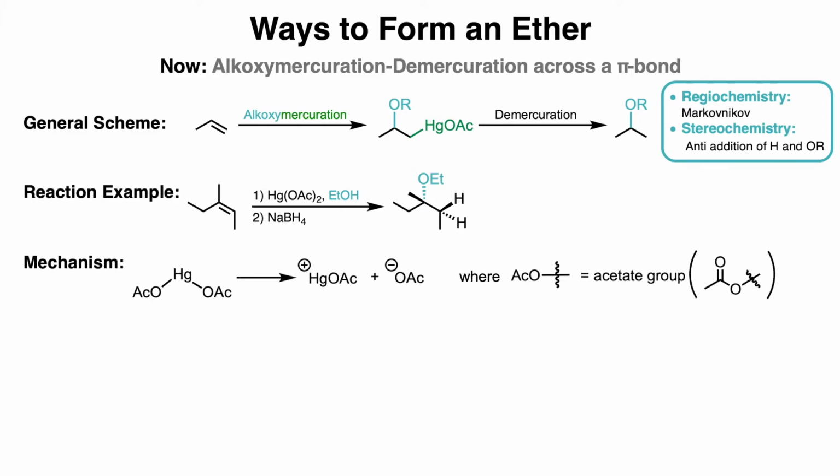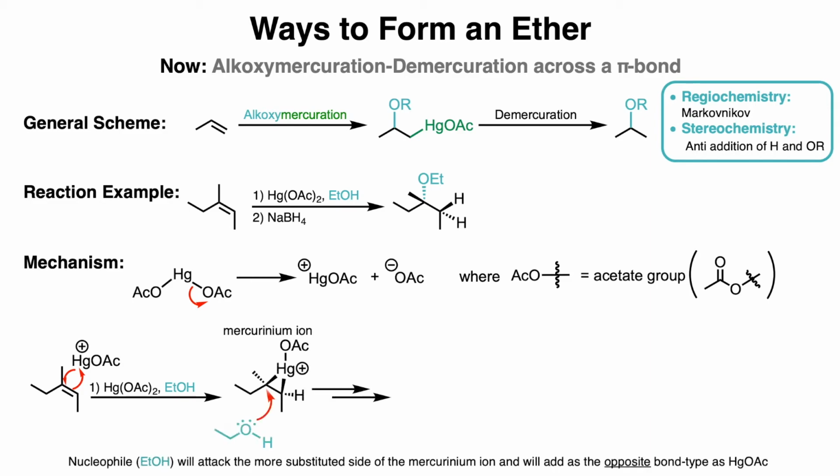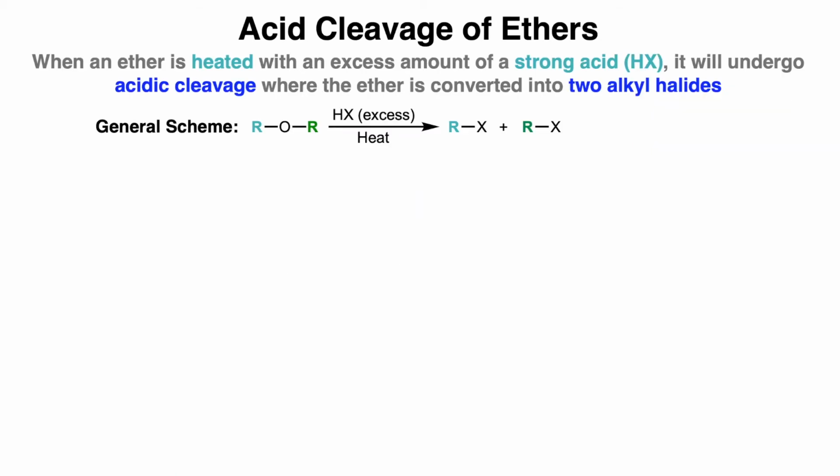The mechanism of this starts with a pre-step where one acetate group leaves to form HgOAc+, and then HgOAc+ adds across the pi bond in a concerted one-step way to form the mercurinium ion, and then our nucleophile, ethanol, attacks the more substituted carbon and adds as the opposite bond type as HgOAc, and then the carbon-mercury bond breaks to form a lone pair on Hg. Once the ether group is added to the more substituted carbon, then sodium borohydride is used to undergo demercuration to form the following ether product plus its enantiomer.